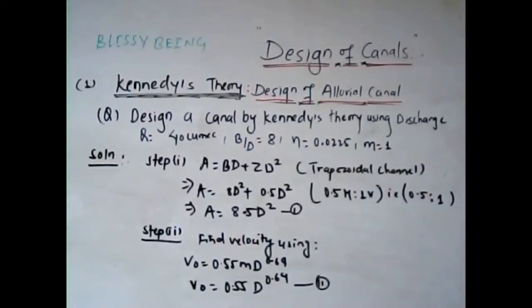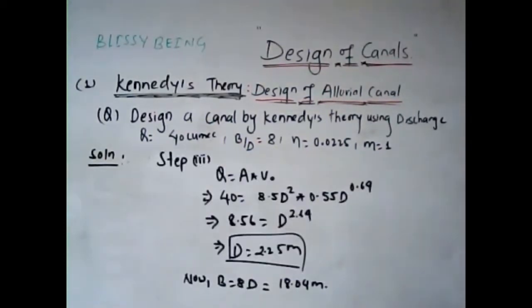The second step is to find the velocity using the critical velocity formula. The critical velocity V naught equals 0.55 m D to the power 0.64. Putting m equals 1, you obtain V naught equals 0.55 D to the power 0.64. So this is expression 2. Now we need to use the continuity equation.